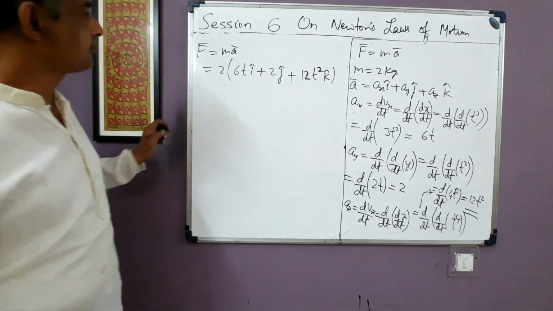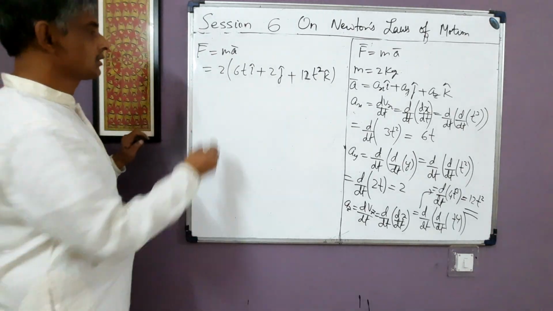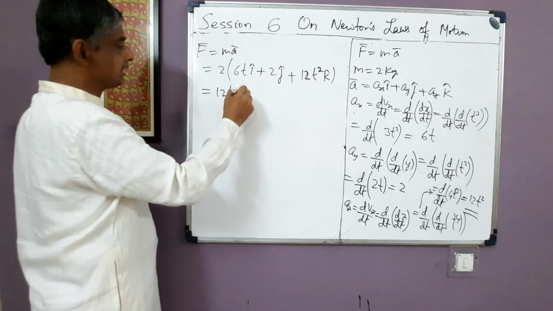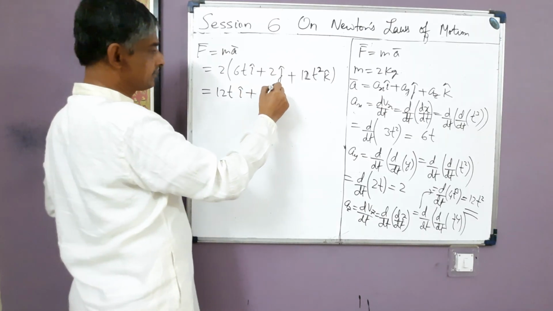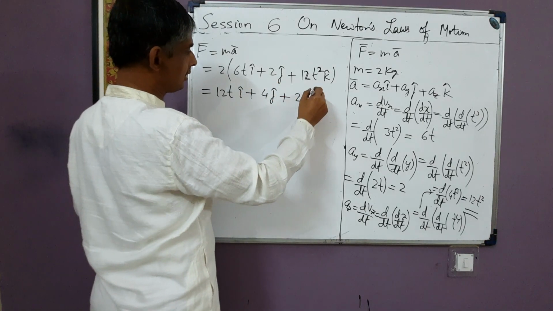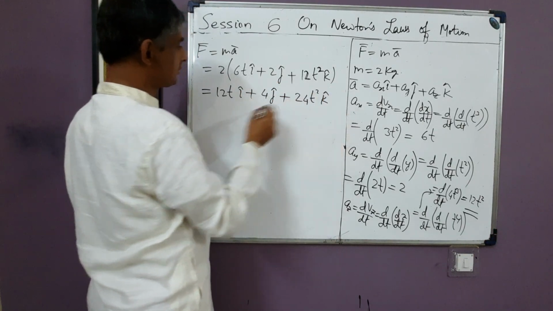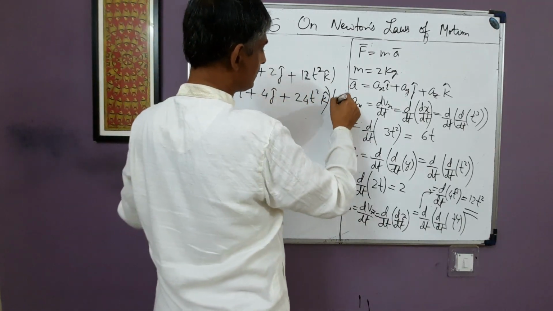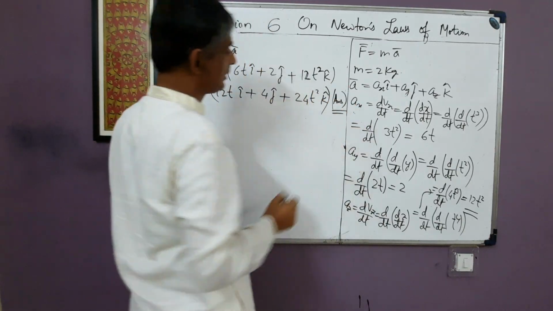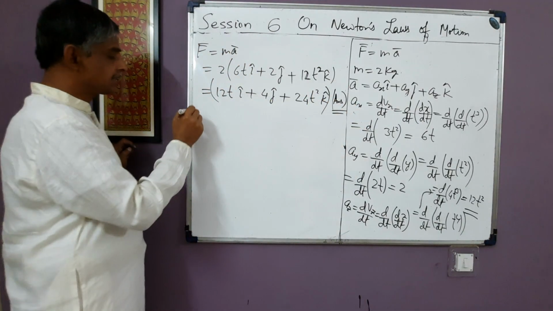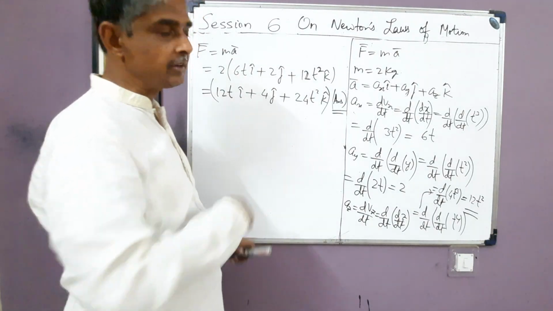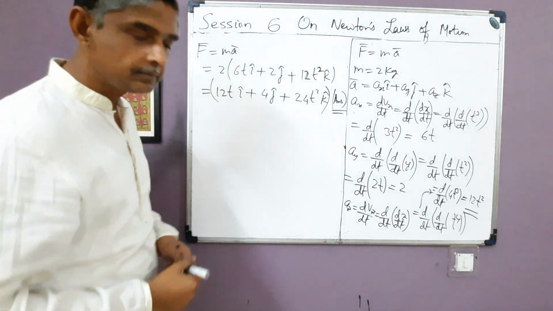This is what force F becomes. So this is equal to 12t i hat plus 4 j hat plus 24t square k hat. This is therefore the answer to the first part of the question. In the second part it has been asked to find the magnitude of net force on particle at t equal to 2 seconds.